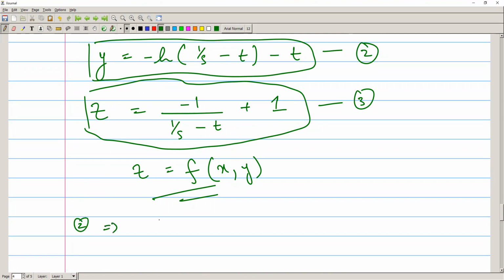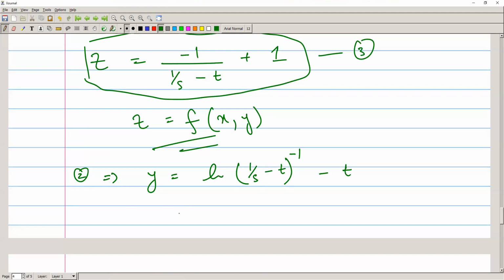Equation 2 implies that y is equal to ln of 1 over s minus t to the power negative 1, because I shift this negative sign to the power of 1 over s minus t. I can do that using the property of log, and minus t will remain here.